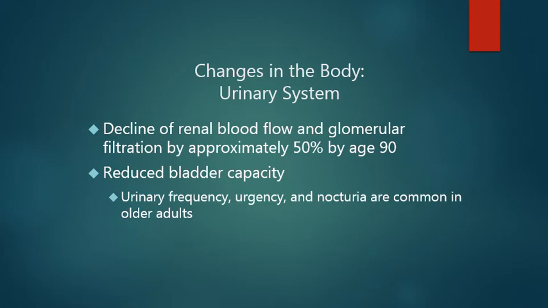Okay, so let's look at their urinary tract. There's a decline of the renal blood flow and the glomerular filtration by approximately 50% by the age of 90.